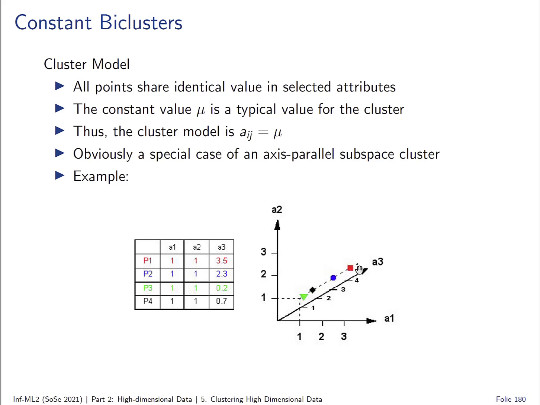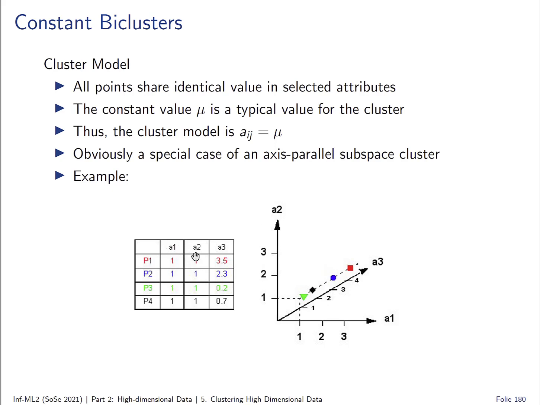If you look at the spatial pattern, how does this matrix pattern correspond to a spatial pattern in the data space? All the points belong to a kind of axis-parallel subspace cluster. Along the irrelevant attribute, A3, the points spread arbitrarily. But in the relevant attributes, A1 and A2, they all have the same value, meaning they are all on the same point when we project all the data points onto A1, A2.